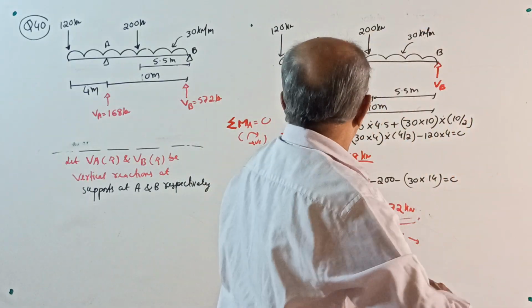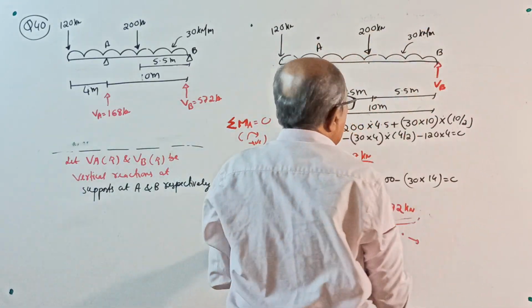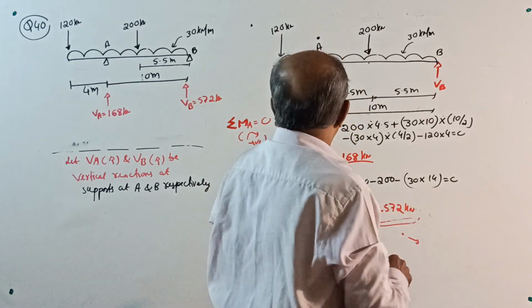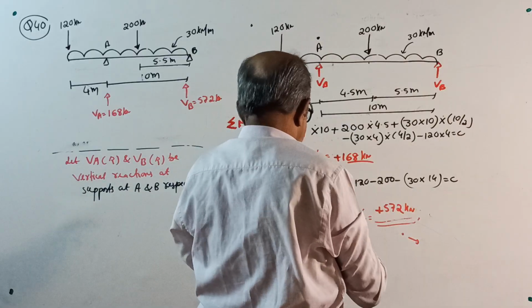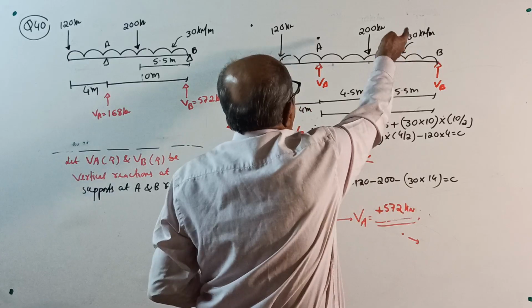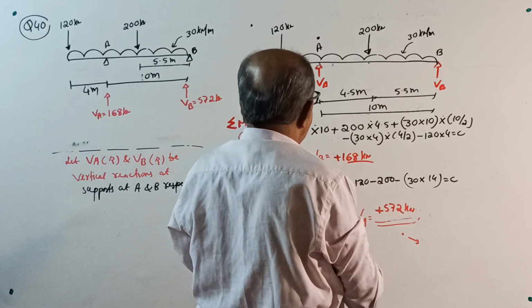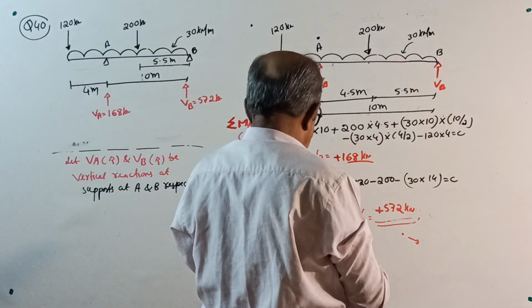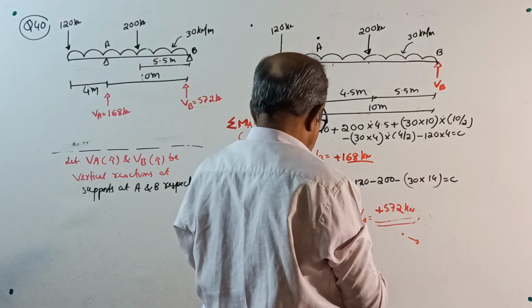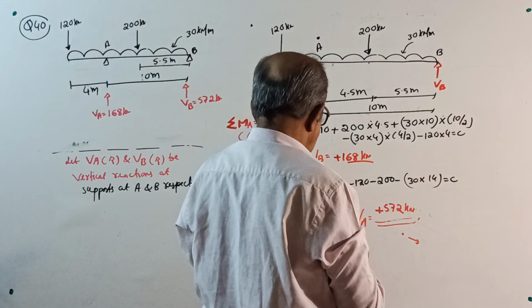Or just to understand, take moment about B. I'll check the answer now because if anything is wrong I can make out. Plus VA into 10 minus 120 into 14 minus 200 into 5.5 again minus 30 into 14 into 14 by 2 equal to 0, divided by 10.